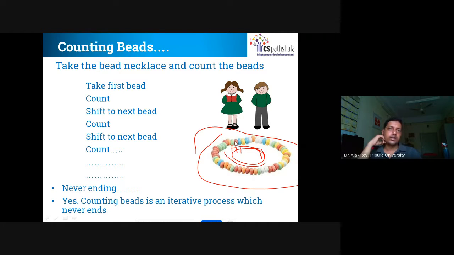So attendance can be solved using a for loop. Whereas counting your necklace is a never ending process, so when you teach while loop, you can use this example. A while loop is a never ending process. To stop a while loop, you need to use a break statement. Whatever programming you want to teach your students, this concept will remain the same.